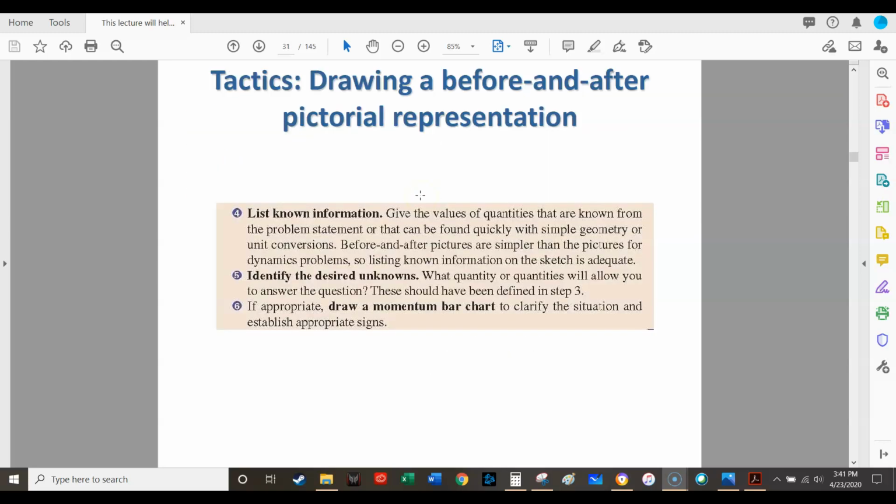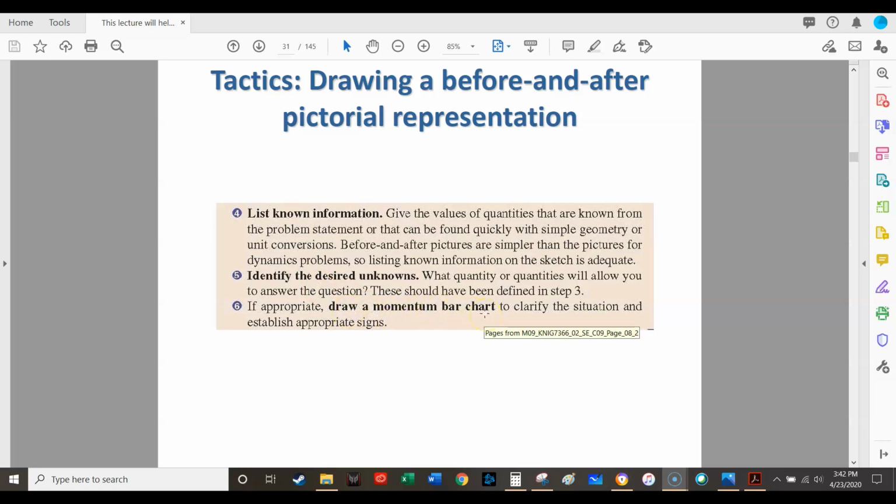And what you should also be doing is listing out the given information, which is what I was kind of doing. I would start drawing out the equations and stuff like that. But what we're going to do now is add to this: besides listing the information and identifying the unknowns, we're going to draw momentum bar charts.